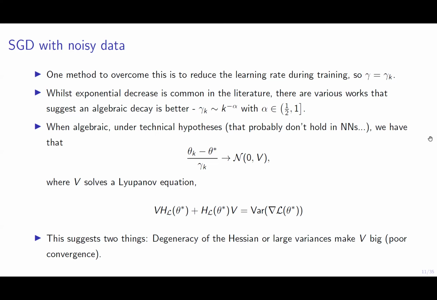You can study this equation and ask qualitatively what the solutions do depending on this Hessian, which is given by your architecture and loss, and the gradient noise.